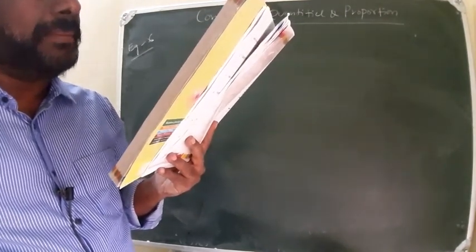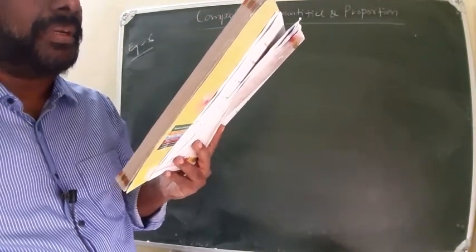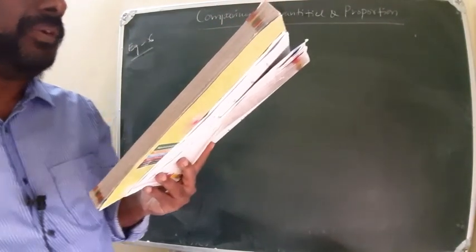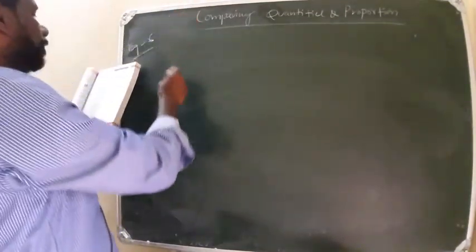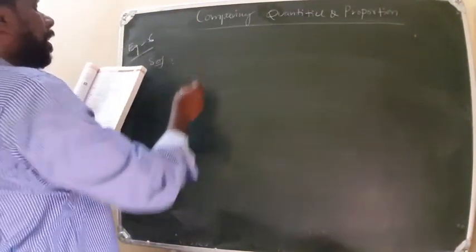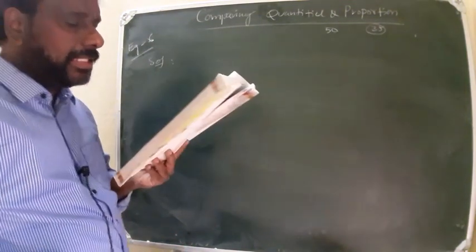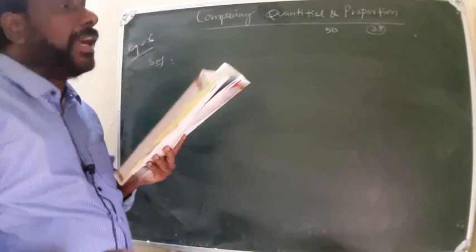He sold remaining bananas rupees 35 for each dozen. Will he get a profit or loss? We have to find out.